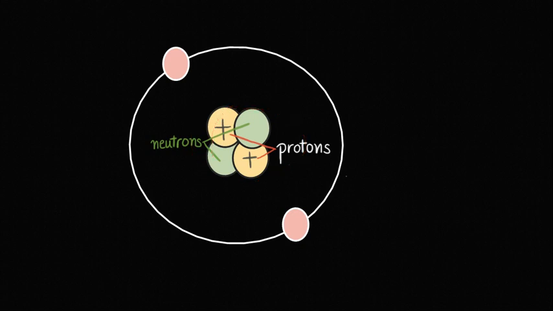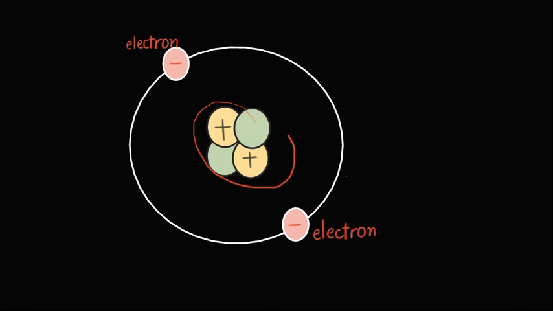And around this nucleus you have electrons revolving. Since there are two positive charges, in order to balance the atom there should be two negatively charged particles. These negatively charged particles are the electrons, which are continuously revolving around this nucleus. So this is your helium atom.